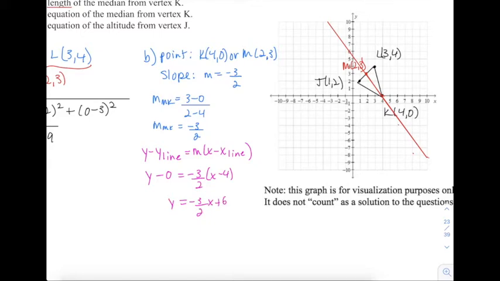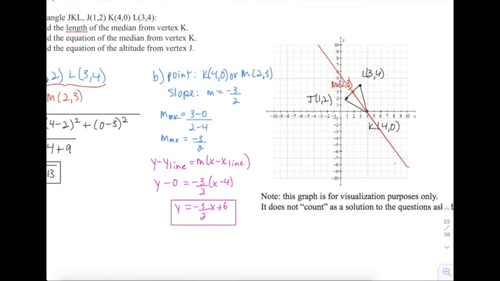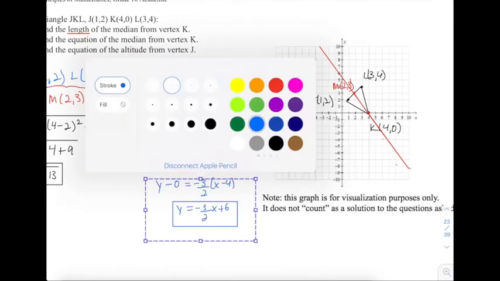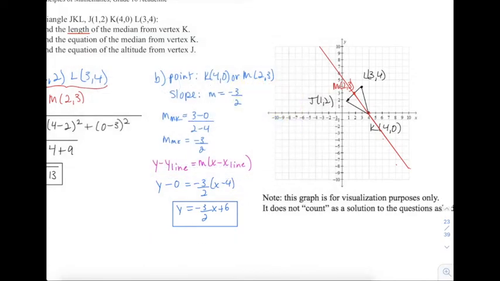Even though I haven't drawn it perfectly, when I look in the picture, I can see that it looks like it goes through around 6. Okay, so this line has equation y equals negative 3/2 x plus 6.